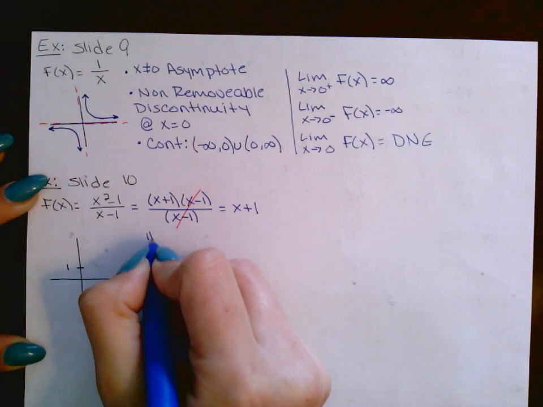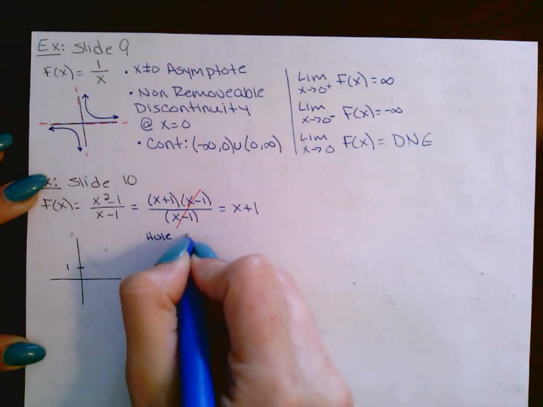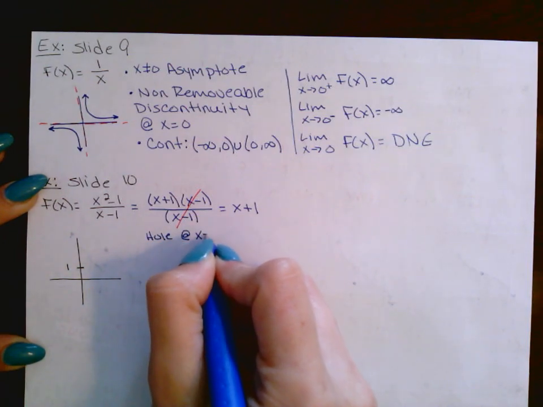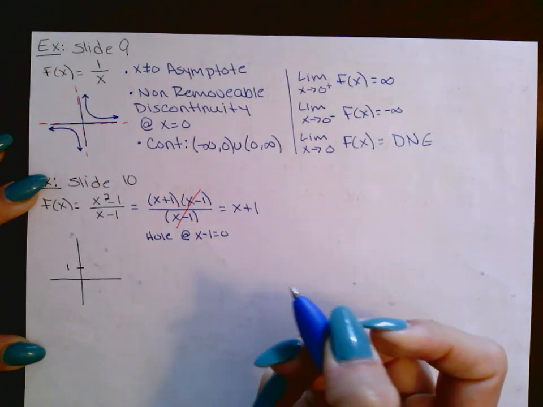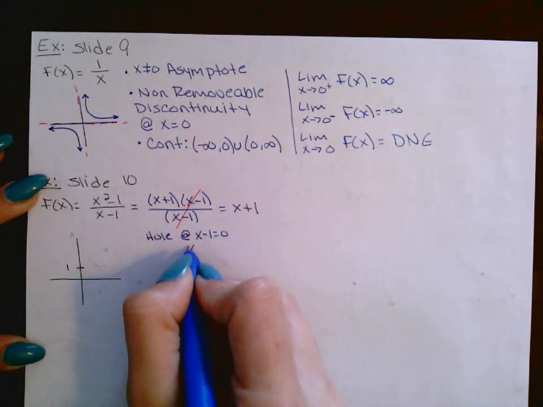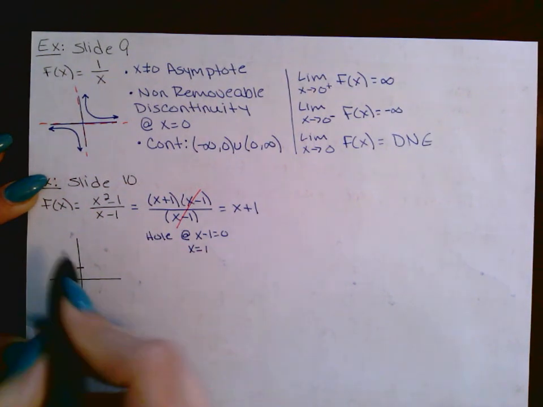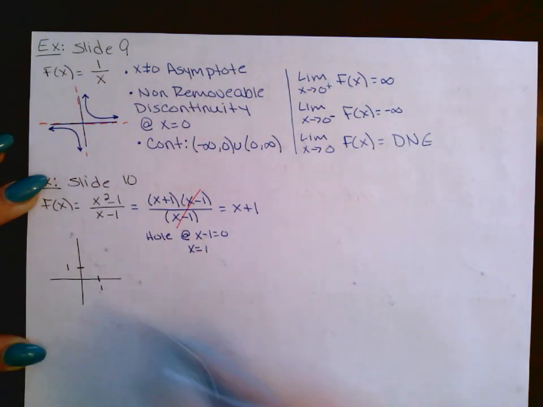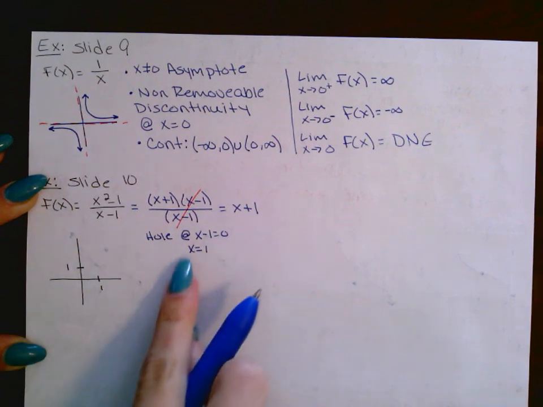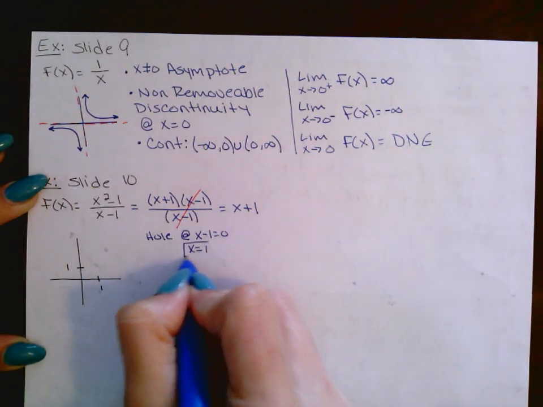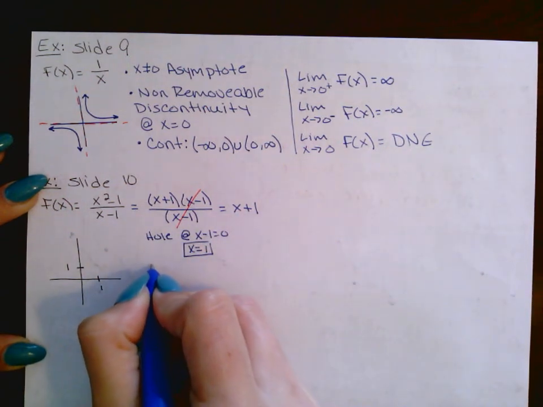So this is going to give me a hole when x minus 1 equals 0. Which means my hole is at x equals 1. Okay. Now to find the y value of where that hole is, I plug it into the leftovers.